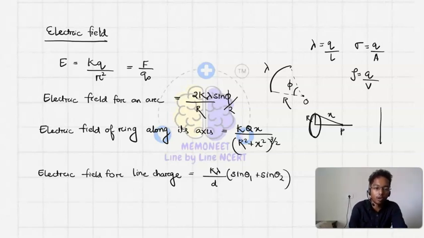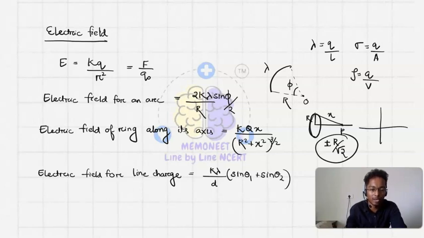And I have taught you earlier that the electric field for the ring along its axis will be equal at both positions, that is plus minus r by under root 2. This will be equal in both positions, and it is where we find the maximum and minimum quantity.